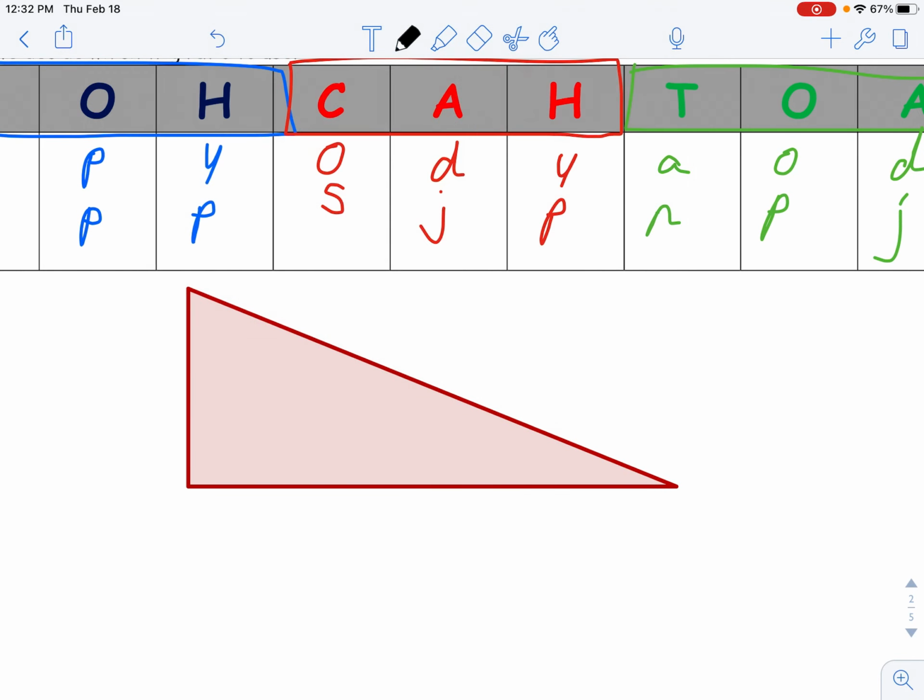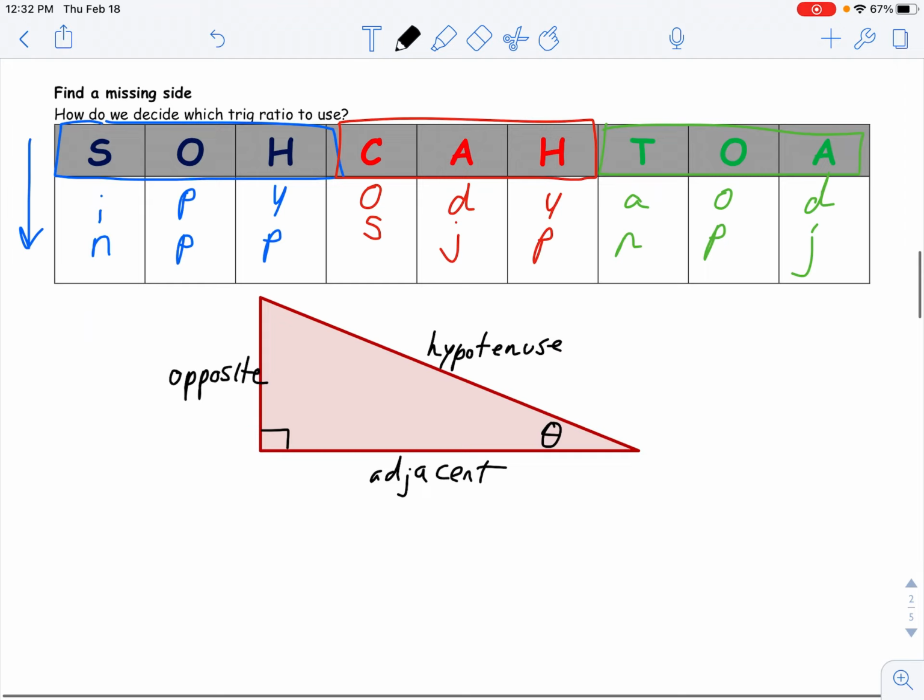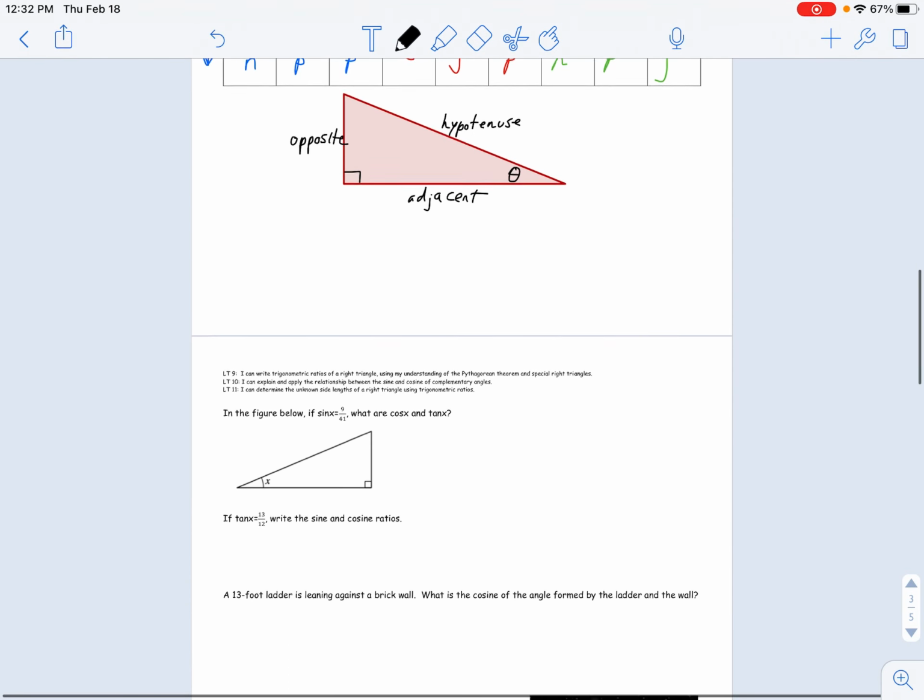And again, just to emphasize how it all relates, that's 90 degrees, that's theta, opposite, excuse me, brain fart, adjacent, opposite, and then hypotenuse. All right, and that's that.